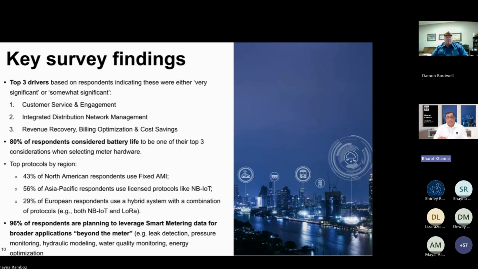Again, as I said earlier, every utility has its own unique challenge. This is a broad finding, but when you do your feasibility study, your current state analysis, and the technology assessment, it will come out more clearly what kind of network would be helpful for your AMI implementation.